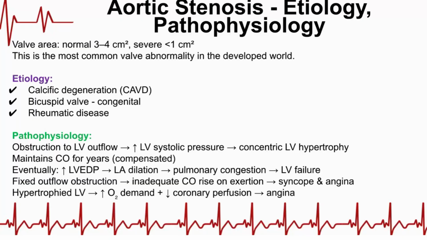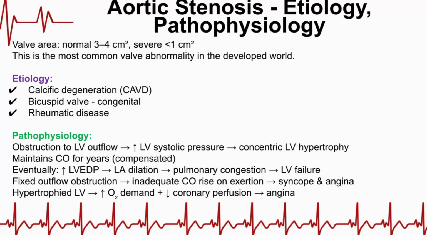And the symptoms again are quite similar to everything that we've spoken about before. We can see shortness of breath, so dyspnea, orthopnea, paroxysmal nocturnal dyspnea. These are all things that we can see, but that's as a result of the left ventricle going through failure.